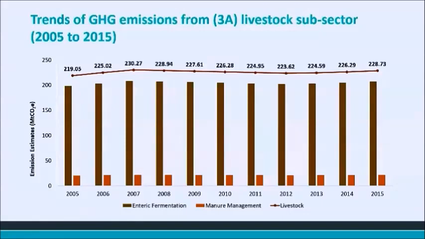I think the Indian animal population is probably the largest in the world, dominated by cattle, which are the primary sources of enteric fermentation. What's happened over the years is that there's been a stagnation in the livestock population of India, which is why you find that the enteric fermentation emissions are again flat.